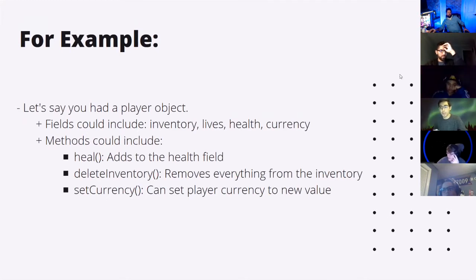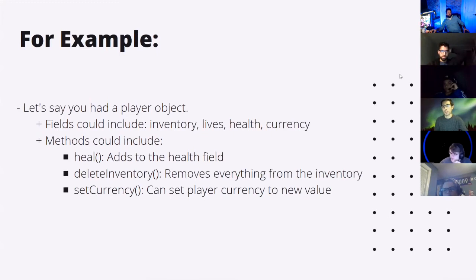And there are different methods that can manipulate that information, such as possibly a heal method that adds to the health field, or a delete inventory or set currency method. So those are behaviors of that object, right? So in this example, you have an object and it has information associated with it and behaviors associated with it.